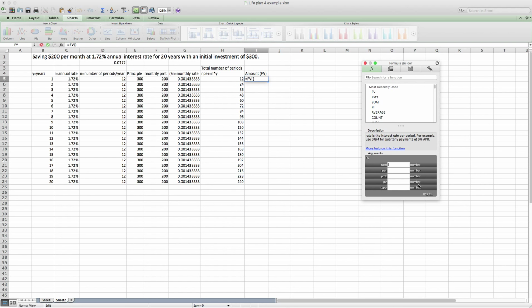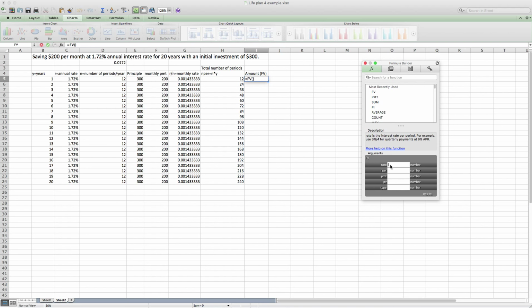By double clicking on it, it has brought up this helpful little cell generator that tells me what each variable within the function needs to be, and it gives me a little description of it. You'll notice that it gives an example here that if you have something being compounded quarterly at 6% annual percentage rate, you would put in 6% divided by 4.